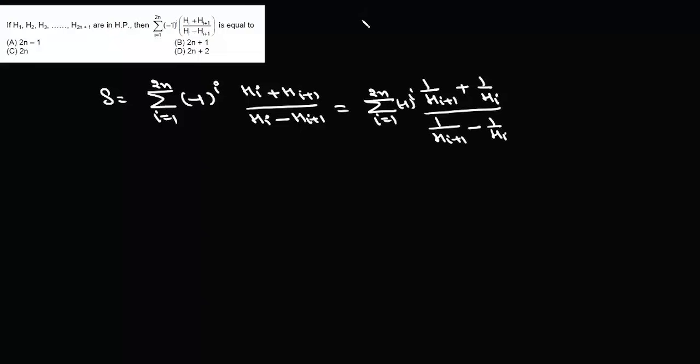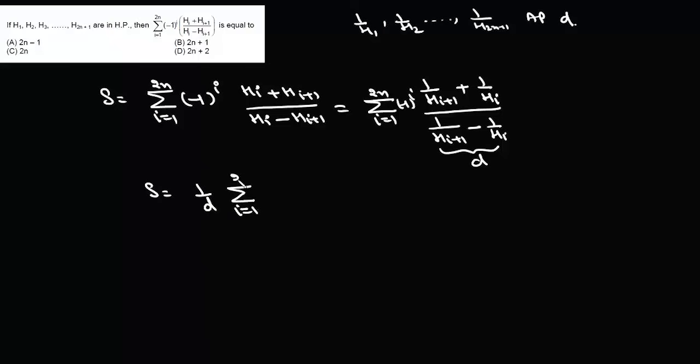Now we know that if H1, H2, H3, up to Hn are in HP, then 1 upon H1, 1 upon H2, up to 1 upon H2n plus 1 will be an AP, and suppose its common difference is D. So the denominator is nothing but D. So we can write this sum as 1 by D, and then this summation i varies from 1 to 2n of minus 1 to the power i into 1 upon Hi plus 1 plus 1 upon Hi.